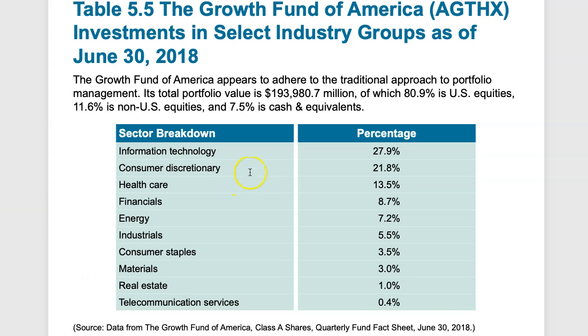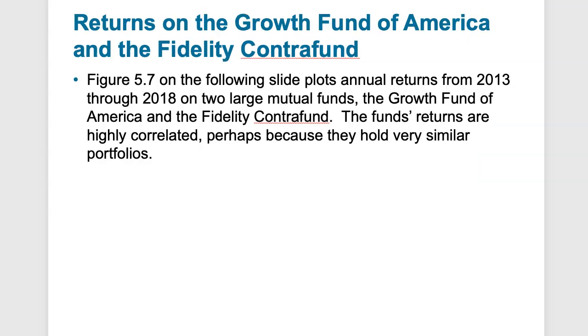So we can see the percentage of sectors, this is the percentage of different industries that the mutual fund is assembling. So it's a little heavy on technology and consumer discretionary and healthcare, and then some of the others. So this is just a very traditional type of mutual fund.